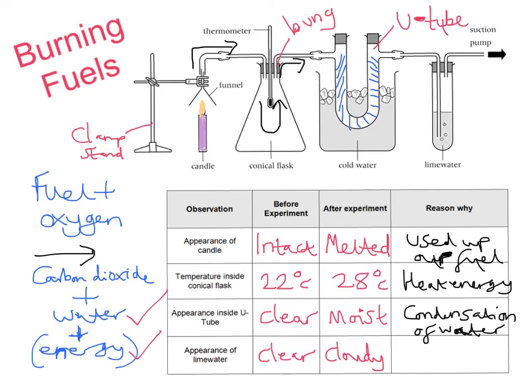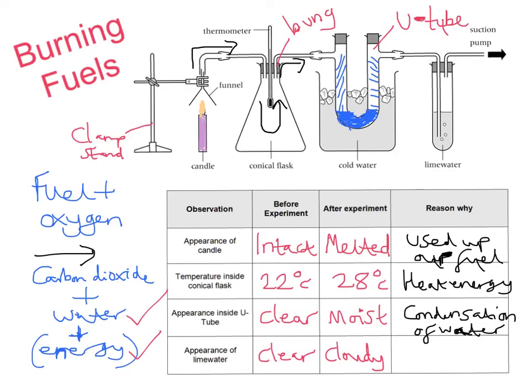Inside the U-tube, you should see water vapours present, because if water was produced in this burning fuel reaction, then you would see water forming. I could even colour this whole thing in, because water would form in the base of this U-tube. The vapours would condense within it, and you'd get a collection of water at the base here.